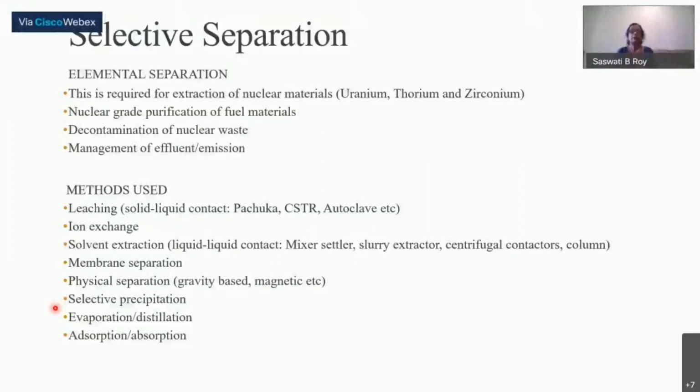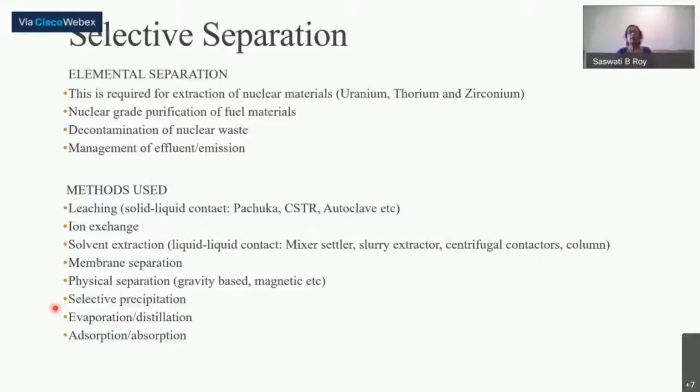So in this selective separation, the first one is the elemental separation. There are some elements like boron, cadmium, gadolinium, and many others that are not good for neutron economy, and they have to be totally removed. Along with that, the first requirement is to get the required material itself, like uranium. In the ore, it is only 0.05, 0.06, 0.07%.